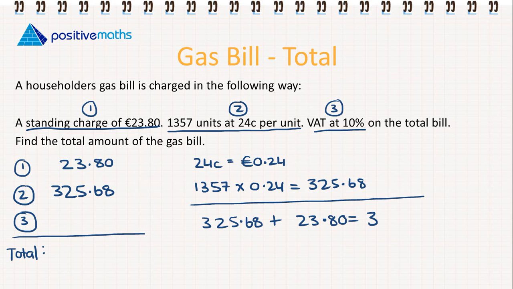So our total there so far is 349.48. So we need to find 10% of this amount. So we'll multiply it by 10%. And we get 34.948. So that is our VAT.